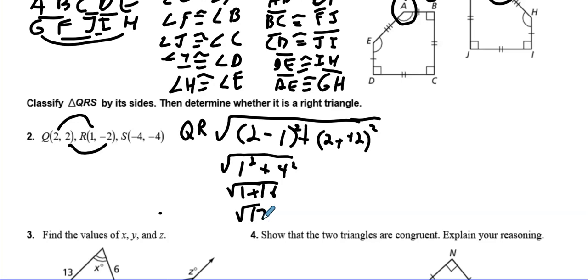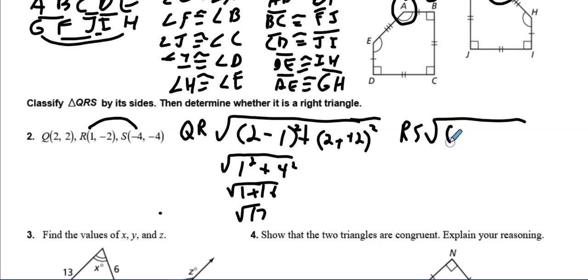All right? Now I'm going to do RS. I'm going to run out of room here. RS. So I'm going to be doing 1 minus negative 4. And again, here's why I do that ahead of time. The most common mistake is to do this, and that's wrong. Okay? So that's why I urge you to do this ahead of time.